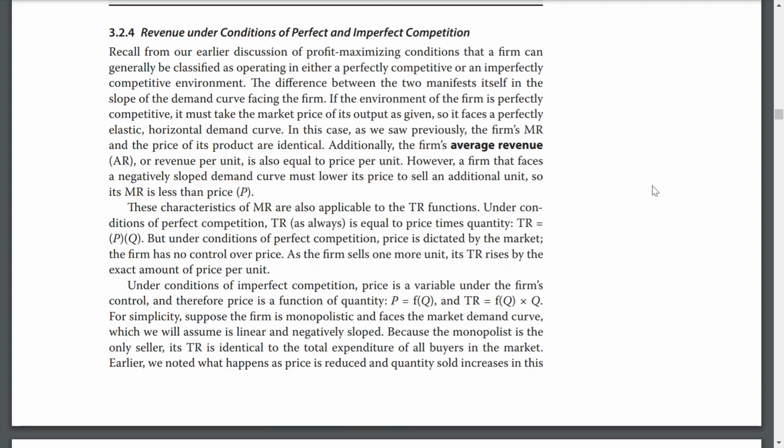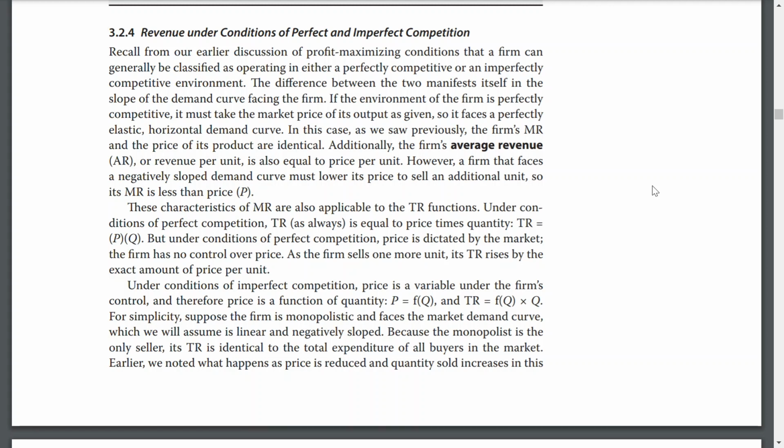If the environment of the firm is perfectly competitive, it must take the market price of its output as given, and it faces a perfectly elastic horizontal demand curve. In this case, as we saw previously, the firm's marginal revenue and the price of its product are identical. Additionally, the firm's average revenue, or AR, or revenue per unit, is equal to price per unit.